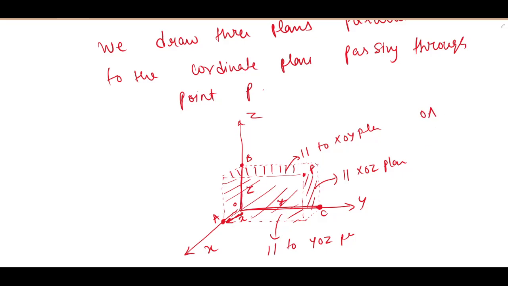So we have OA equal to x, OB equal to z, and OC equal to y. So the point will have coordinates x comma y comma z.